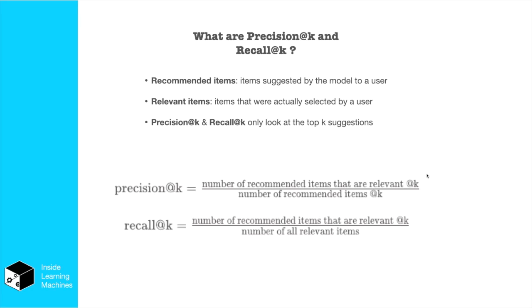Recall at k is given by the number of recommended items that are relevant at k divided by the number of all relevant items.